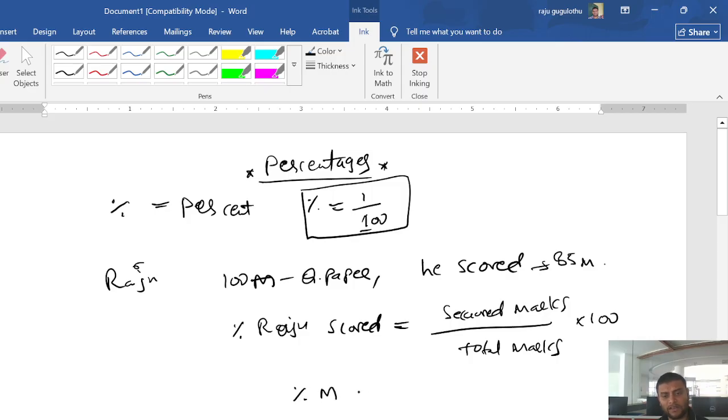The percentage of Raju's performance will be secured marks 85 divided by total marks 100, multiplied with 100. That is 85 percentage. That means the performance of Raju is 85 percentage in that particular exam. This is how we find the percentage or performance of persons in exams.